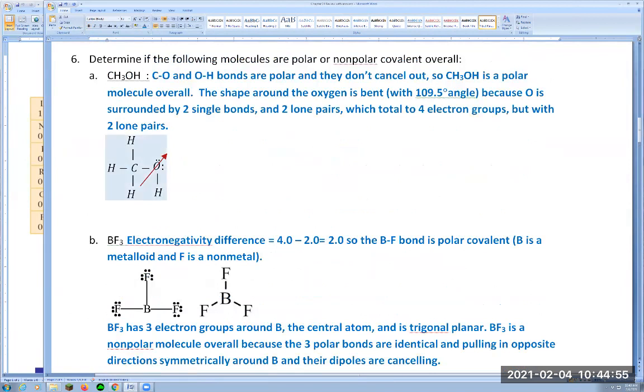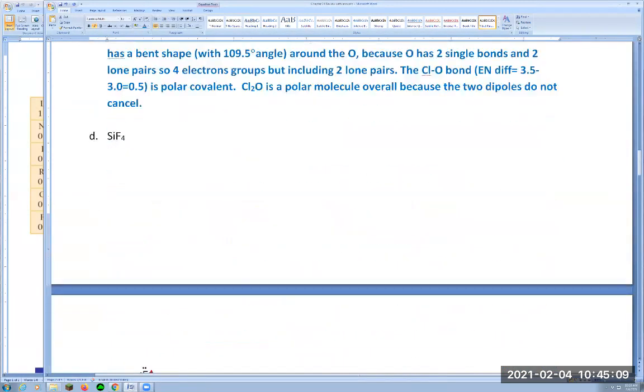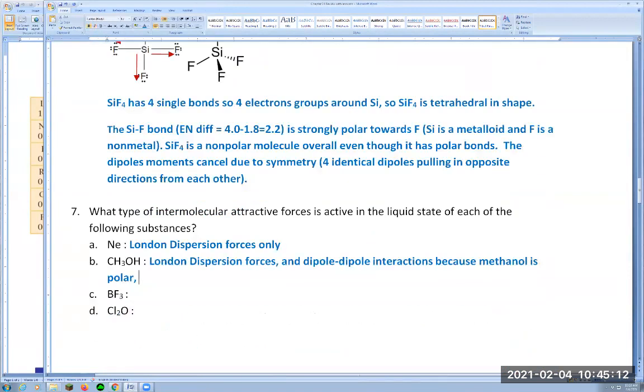And the oxygen of this methanol molecule will be attracted to the hydrogen of another methanol molecule, but not any hydrogen, the hydrogen that is bonded to the oxygen. So yes, hydrogen bonding is possible for methanol, because we have H bonded to O. So methanol molecules will be attracted to each other, from the hydrogen and the oxygen that are bonded together.